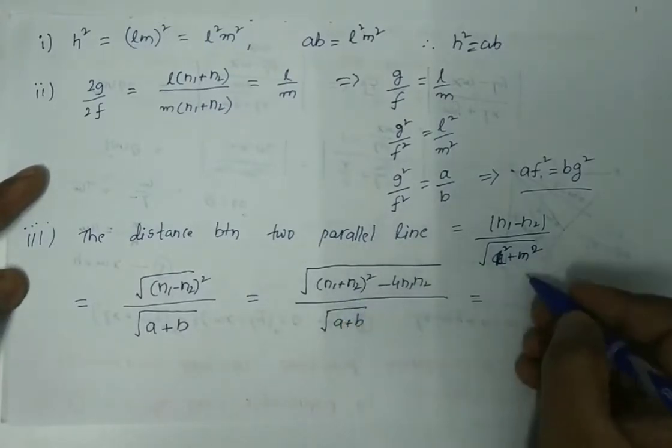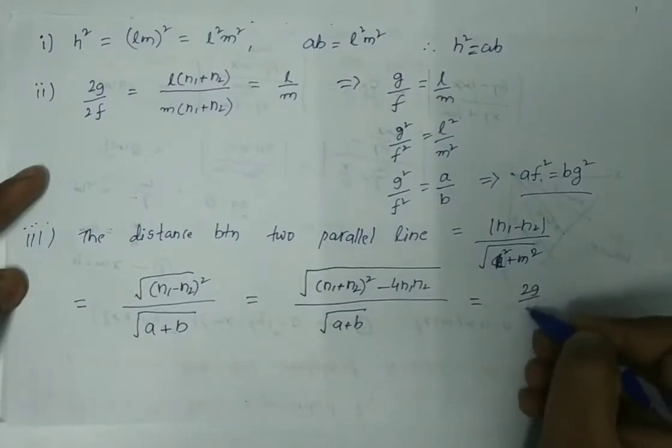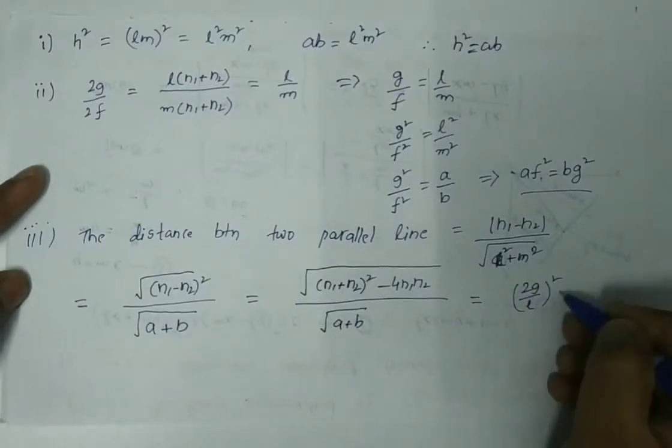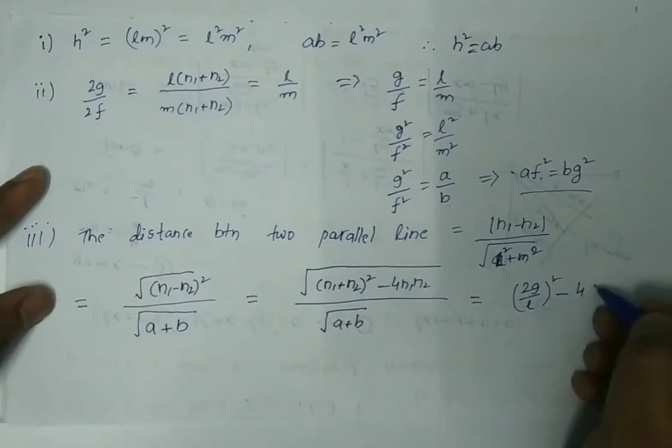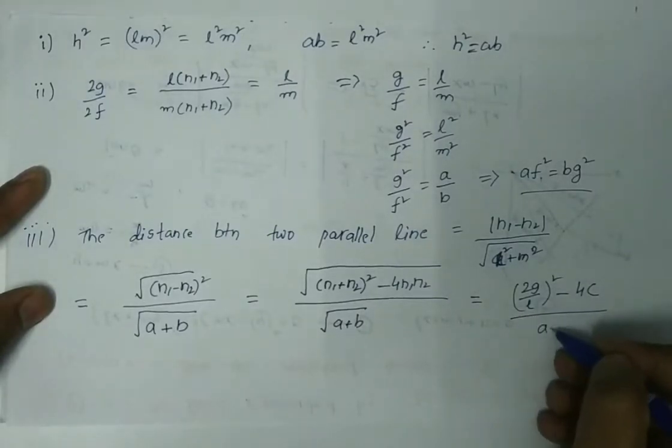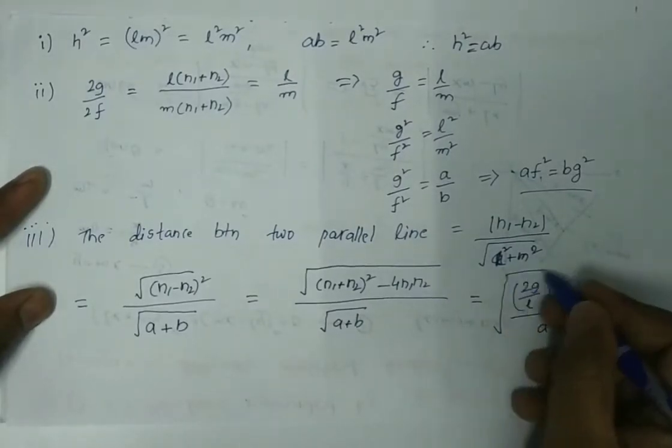So it is 2g by L whole square minus 4 n1 n2, which is C divided by A plus B, under root of.